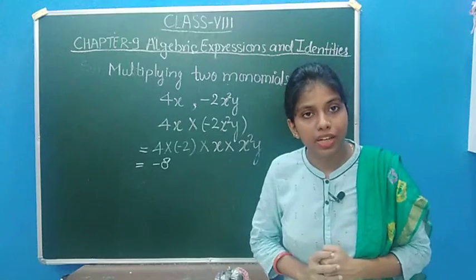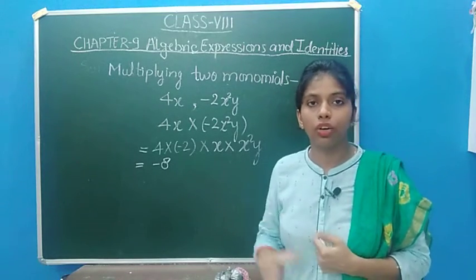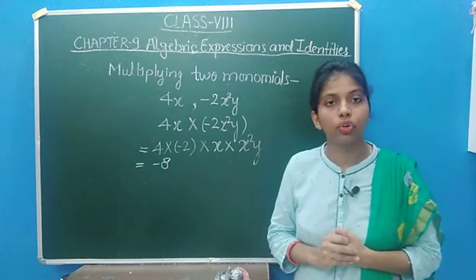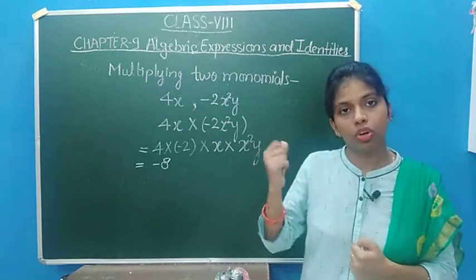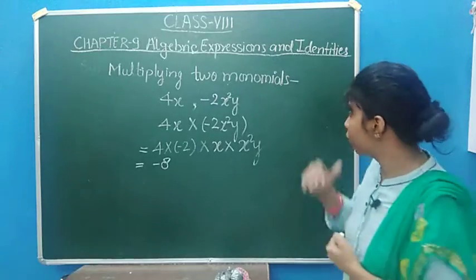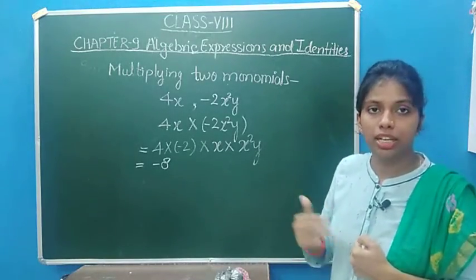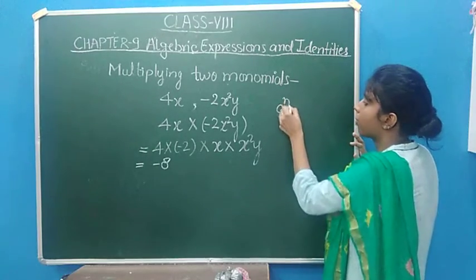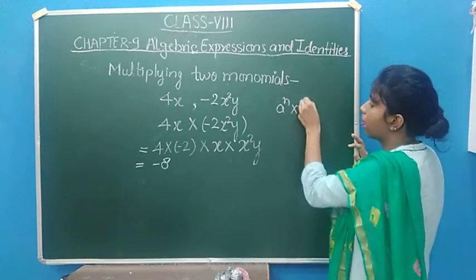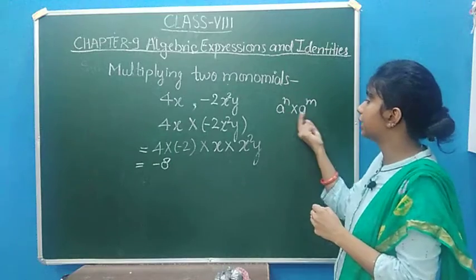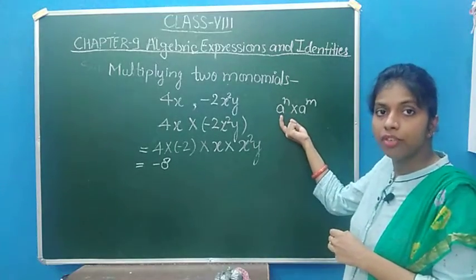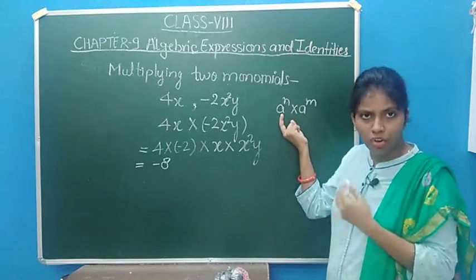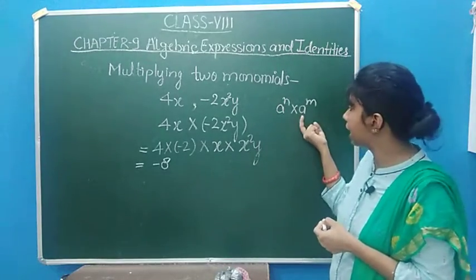After that we have to multiply the variables. For multiplication of variables, we are going to use one very old property we already know. I think all of you know that property. Let's discuss it. If we multiply two exponential terms, suppose a to power n and a to power m, with the same base, here the base, or variable, is a and a.